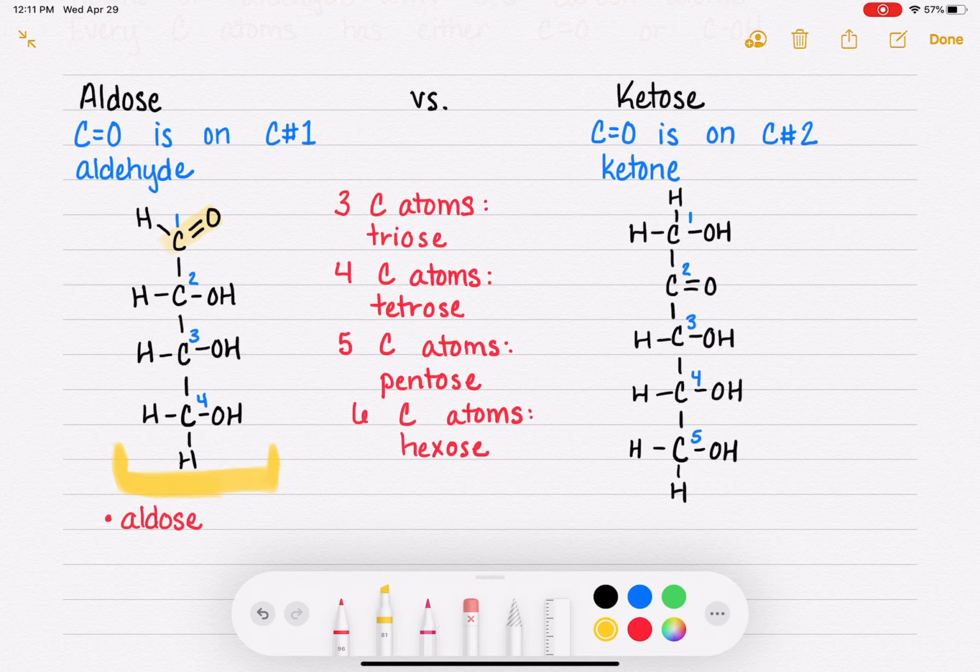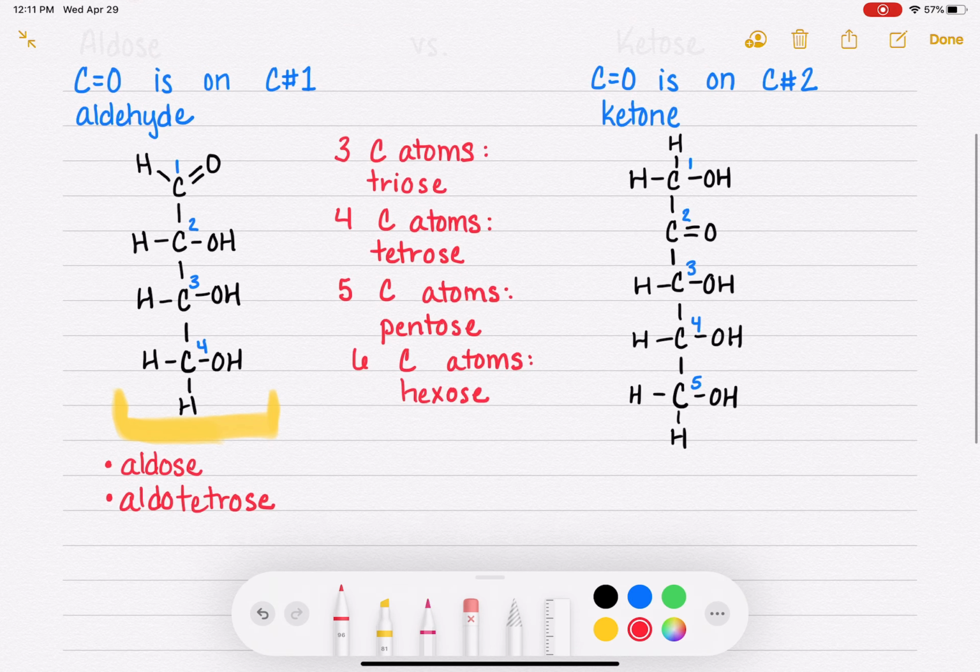If we wanted to be more specific, we could call it an aldotetrose. The aldo part is telling us that it is an aldose, and the tetrose part is telling us that it is a total of 4 carbons. So this name is a little bit more specific, but it's still not really all that specific. It's still kind of a generic name.